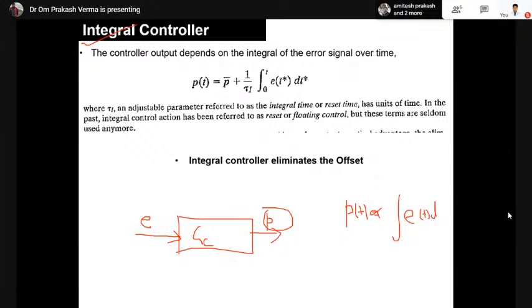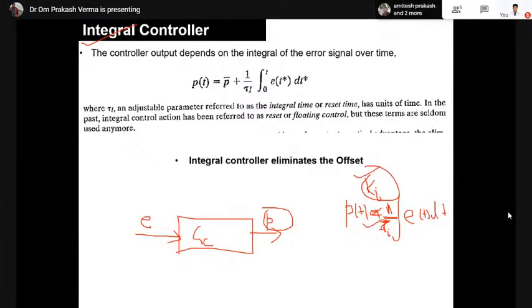When you remove the proportionality constant, in electronics books it is generally written as 1 upon Ki. In chemical engineering, in the process industry, we use this equation as 1 upon tau I. So you have to know both notations, because in the GATE exam both notations will be asked.